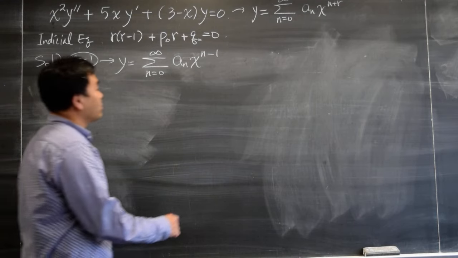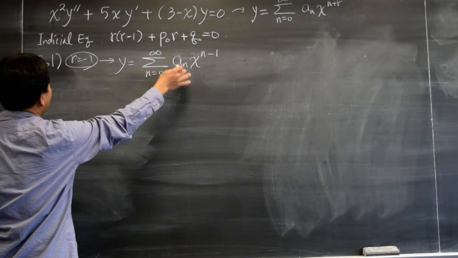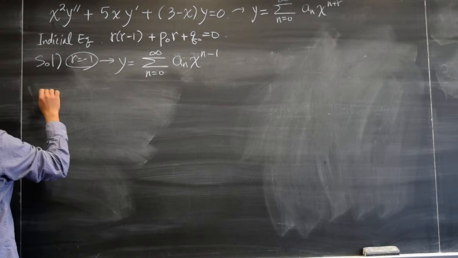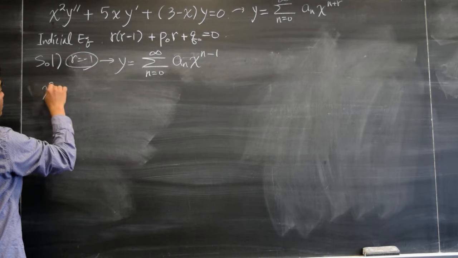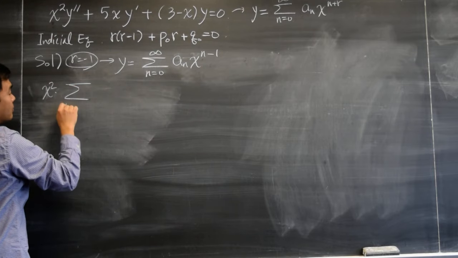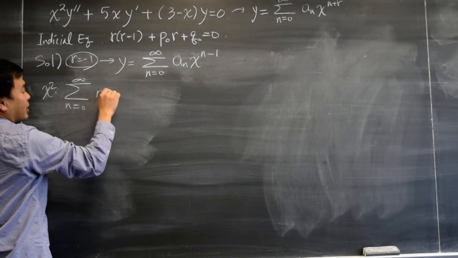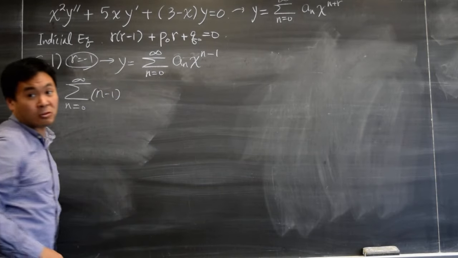Now you just plug everything into each individual term. For the first one, it's x squared. What do you get if you differentiate twice? First, n minus 1 comes down, and that turns into n minus 2.